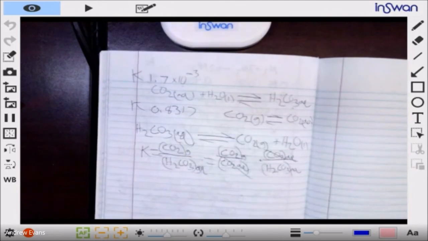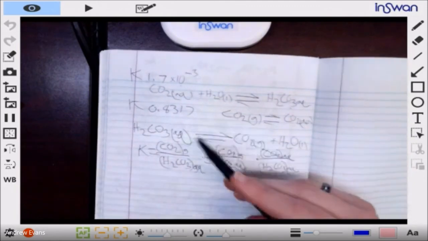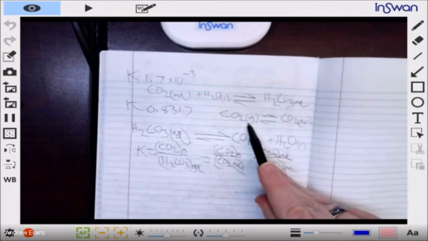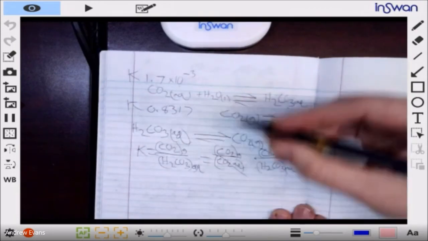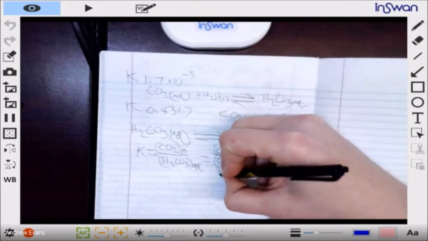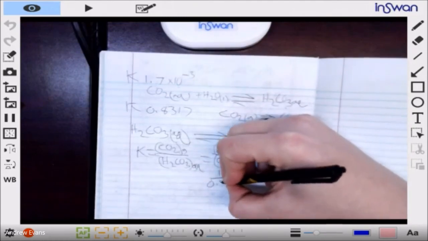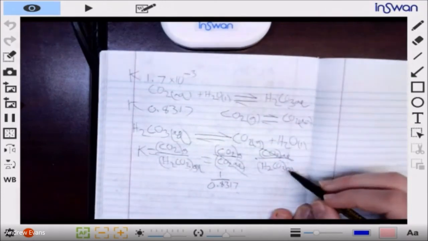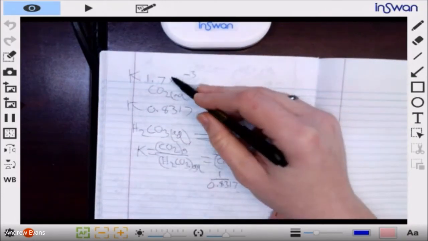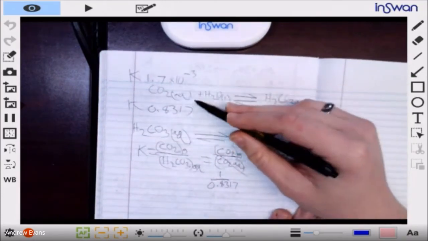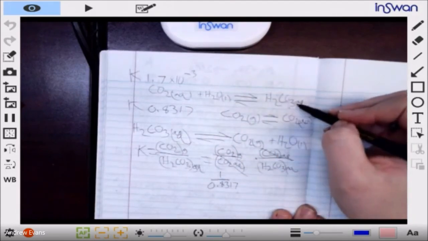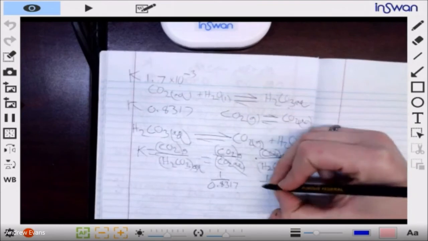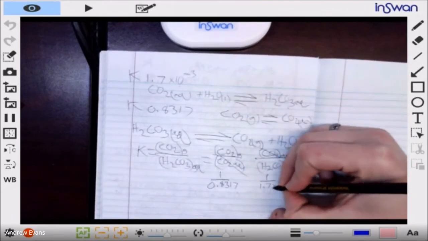So here's a little bit here. If this is for the forward reaction, then the reverse reaction would be 1 over 0.8317. And if this number is for the forward reaction, then the reverse reaction would be 1 over 1.7 times 10 to the negative third.